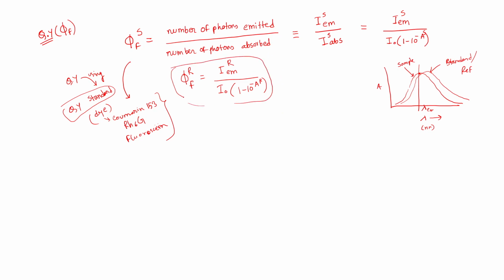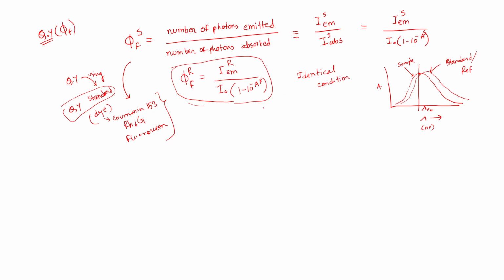So I have changed this thing, reference standard, sample here, but you can see that I0 will be the same because we are doing it in an identical condition. Okay.